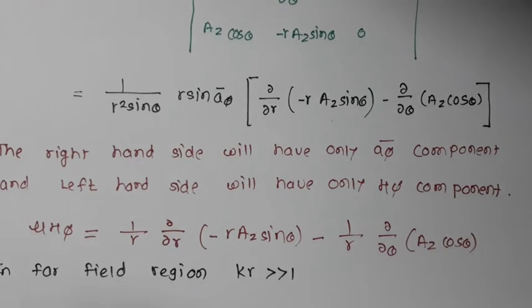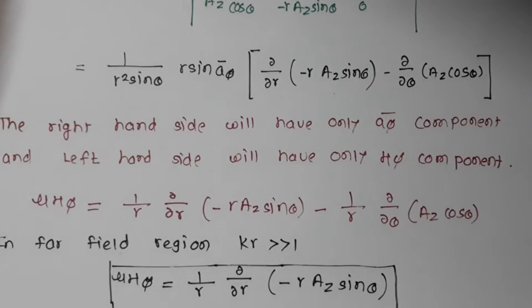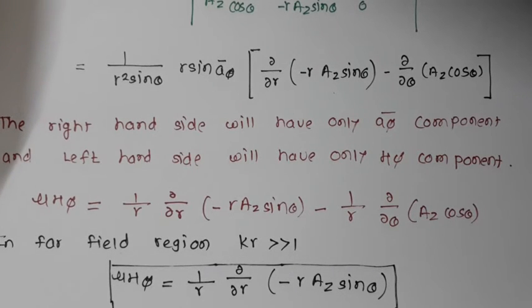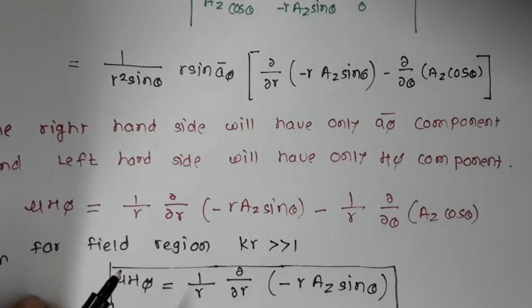So here I can write mu H phi is equal to 1 by r, d by dr of minus r AZ sine theta. Okay, so we have put only AZ over here, but we have calculated AZ in step number 1. So we can put the value of AZ in this equation. So putting the values of AZ, mu H phi can be written.